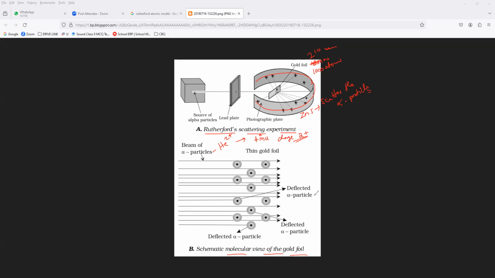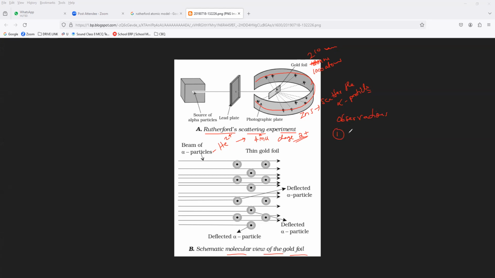Now the majority of the alpha particles pass through the gold foil without any deflection. That is the first point. What are the observations of Mr. Rutherford? Everybody has already written them in our classwork.